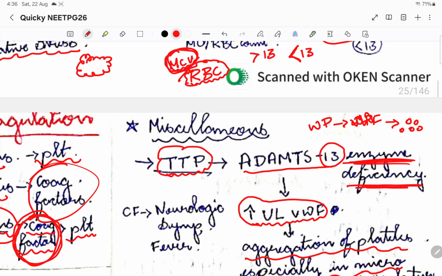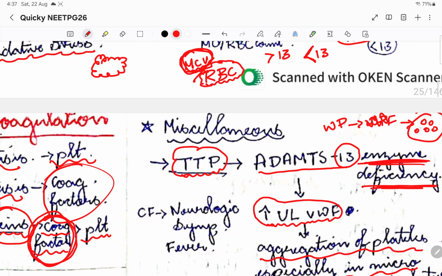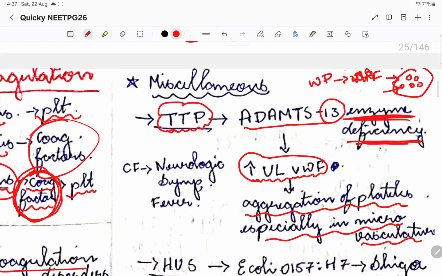These ultra large factors get divided into small von Willebrand factors. That is why there is an increased amount of thrombosis, and it can increase in a larger amount, especially in small microvasculature. That is why it is known as thrombotic thrombocytopenic purpura.